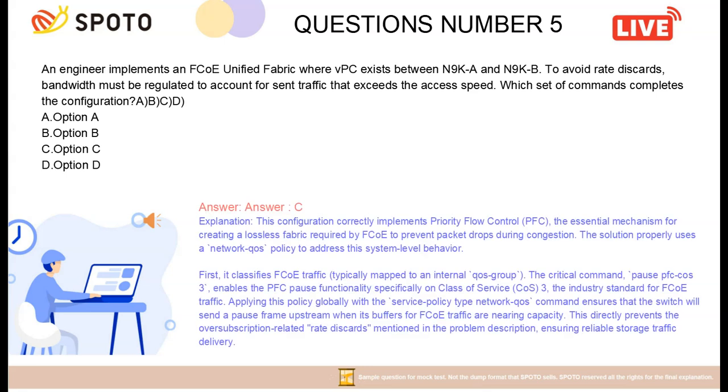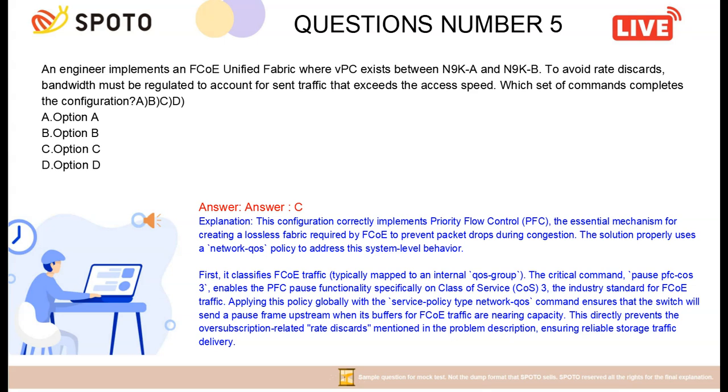Answer, C. This configuration correctly implements Priority Flow Control, PFC, the essential mechanism for creating a lossless fabric required by FCoE to prevent packet drops during congestion. The solution properly uses a network QoS policy to address this system-level behavior. First, it classifies FCoE traffic, typically mapped to an internal QoS group.